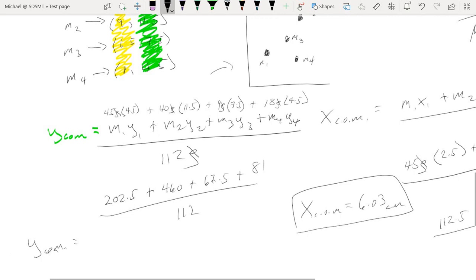Add everything up in the numerator, and I'm getting 811 over 112, which is 7.24 centimeters.